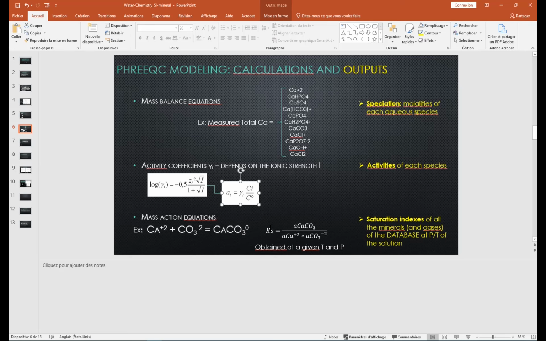So K, the solubility coefficient of this mineral, is equal to the activity of calcium and carbonate, given at the temperature and pressure you define in your solution. The activity of solids is equal to 1. So it will also give you the saturation index of all the minerals and gases you have in the database, at a given pressure and temperature.